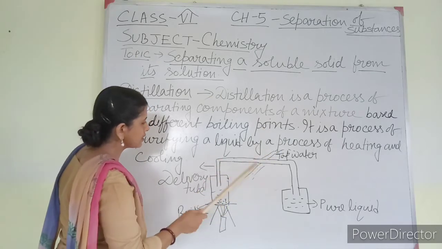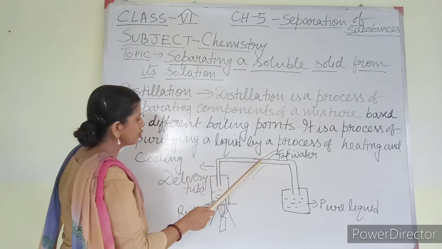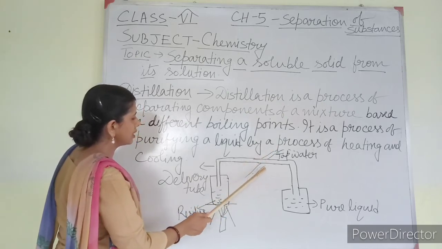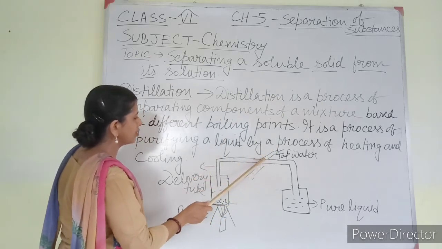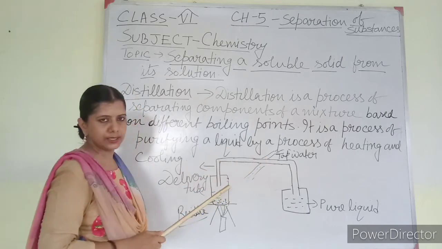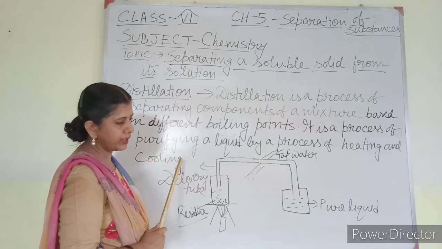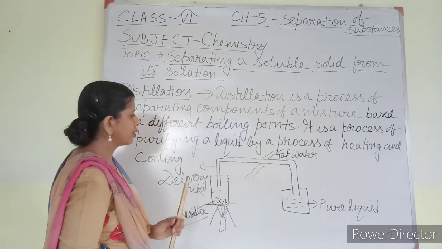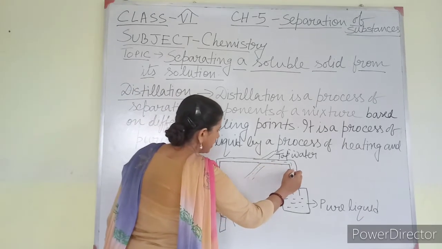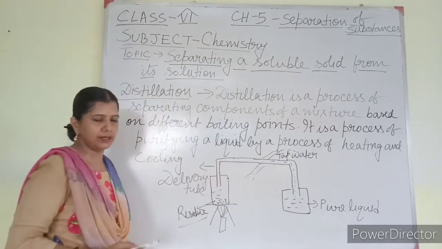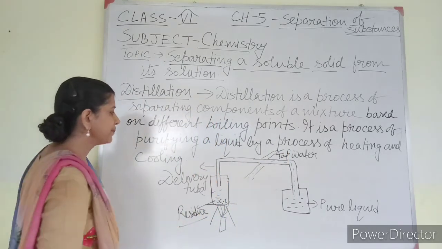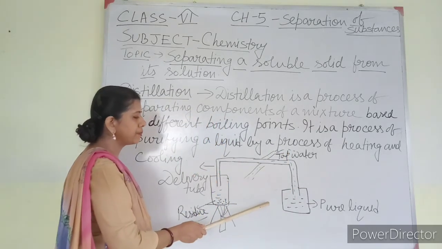As soon as the cold water falls on the tube, the vapor inside is converted into liquid. That means by cooling, the vapor is converted into liquid. That liquid is collected dropwise in this container. In this way I can get back the pure liquid.